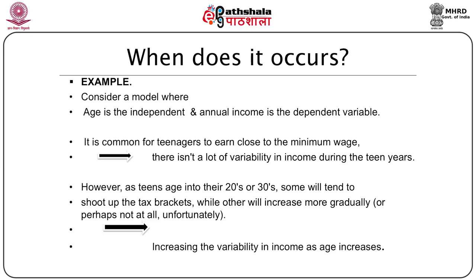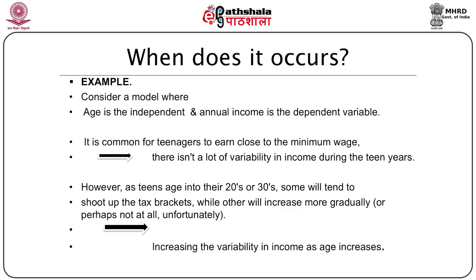Consider a regression model in which age is the independent variable or the explanatory variable and annual income is the dependent variable. It is common for teenagers to earn close to the minimum wage, so there isn't a lot of variability in income during the teen years.